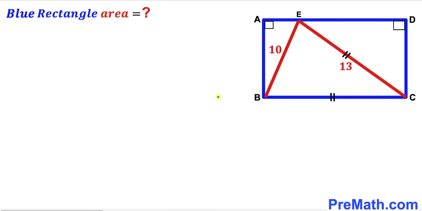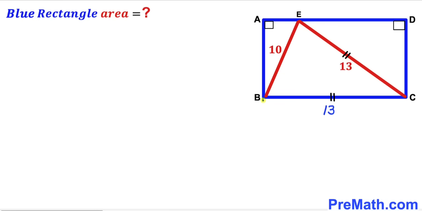Let's go ahead and get started, and here's our very first step. We can see that segment CE equals side BC, and we know this segment is 13 units, so BC has got to be 13 units as well.